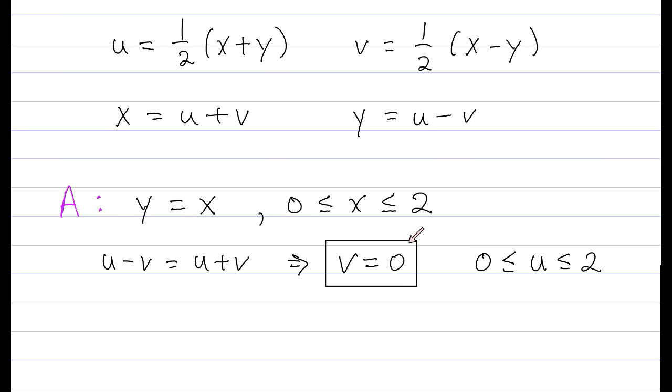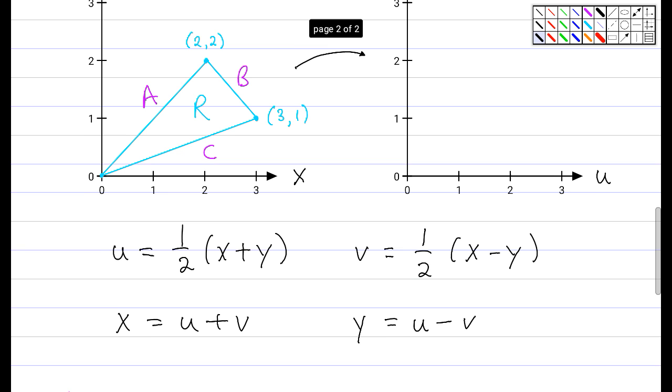So we actually have a piece, right? This piece A corresponds to this piece right here. U goes from 0 to 2 and v equals 0. Let's actually put that in up here, and we'll use orange. So v is 0 and u goes from 0 to 2. That's this thing right here. Maybe I'll put a couple dots there. Okay, this is piece A.